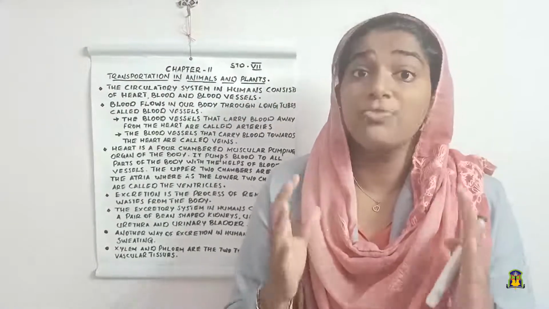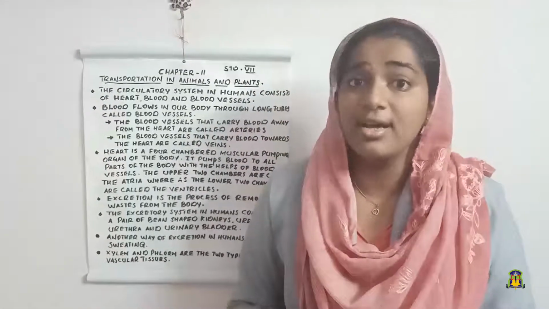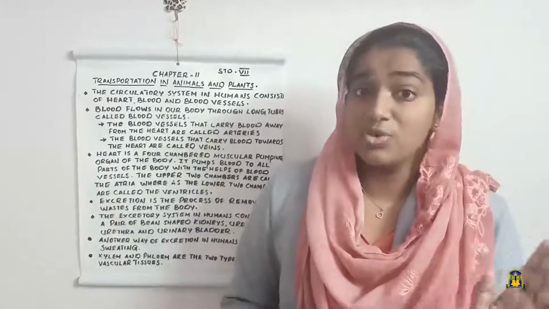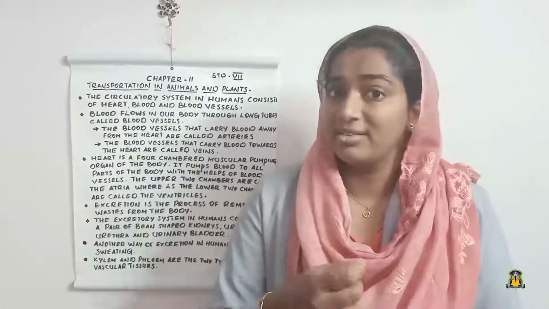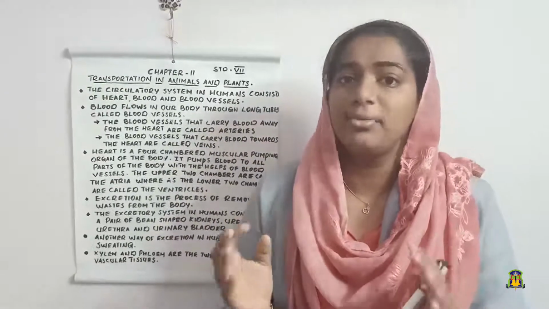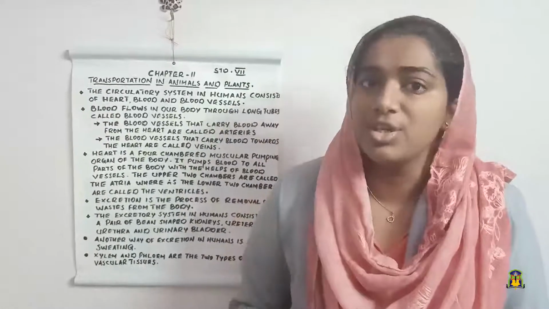With the help of these nephrons, the blood is filtered, and the useful substances are absorbed back into the blood. The unwanted materials are filtered and dissolved in water as urine.